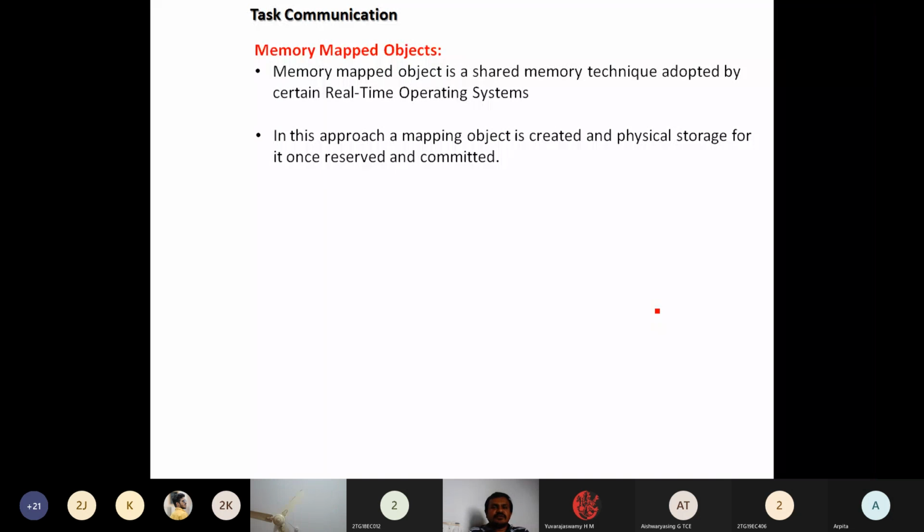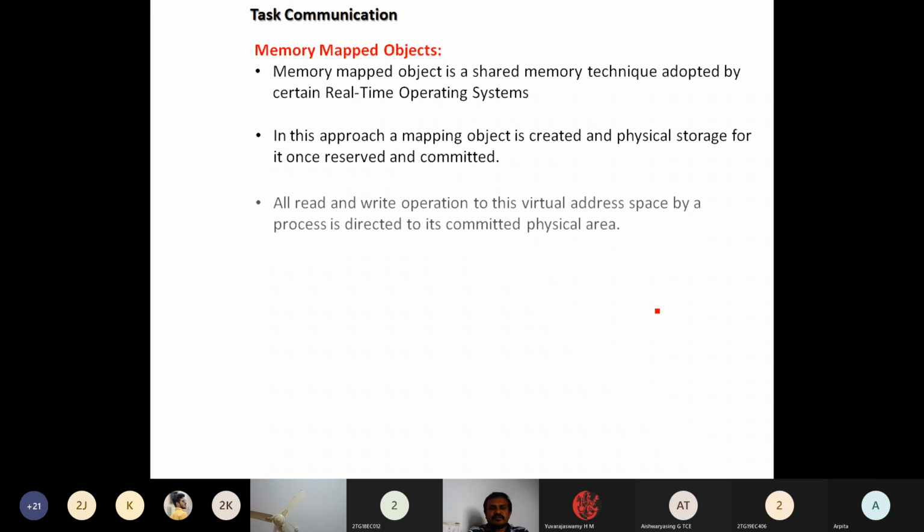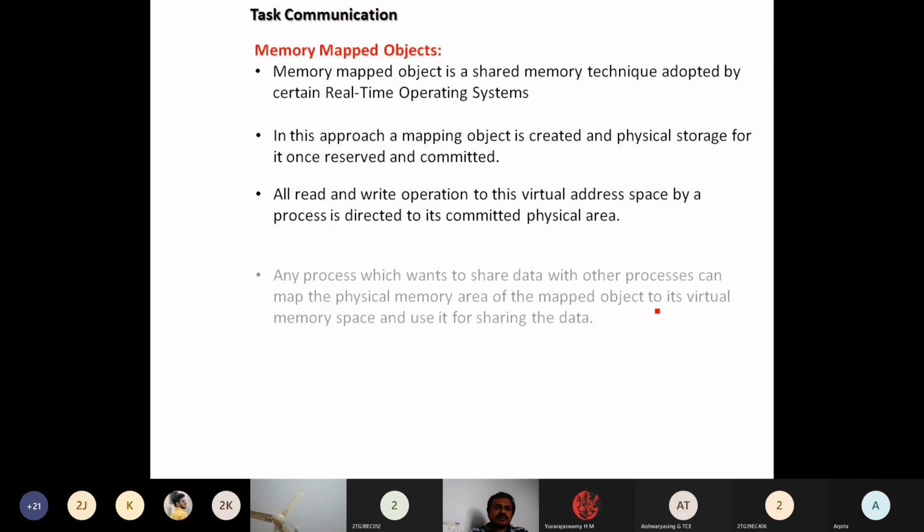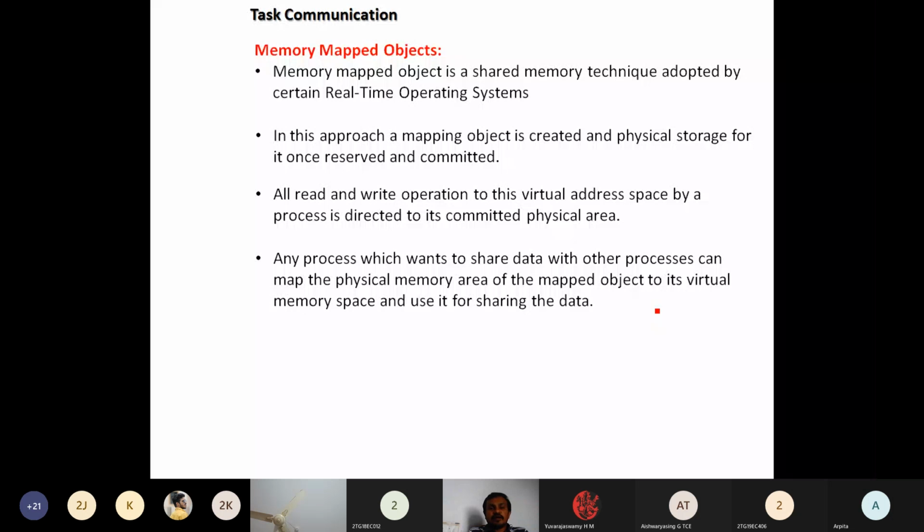Whenever interaction happens between two processors through that memory, the memory is utilized through these objects, which are the memory mapped objects. All read and write operations to this virtual address space by a process are directed to its committed physical area. A virtual address is created for the allocated shared memory, and whenever processes want to communicate, they use this object.